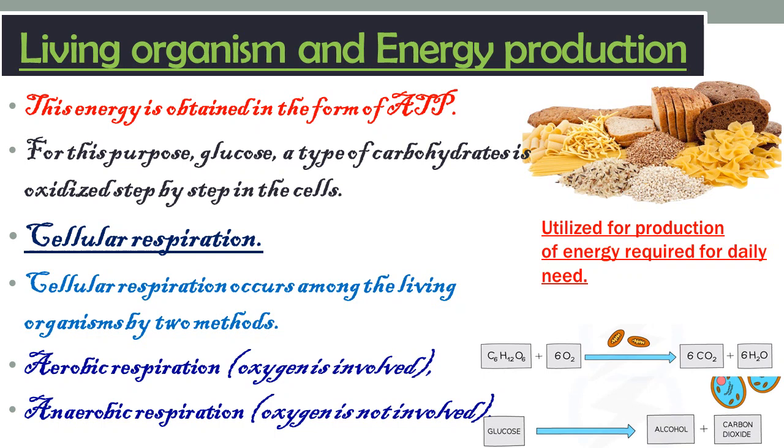You have to remember the difference between aerobic and anaerobic respiration. In aerobic respiration a total of 38 ATP molecules are produced, and in anaerobic respiration only 2 molecules of ATP are produced.